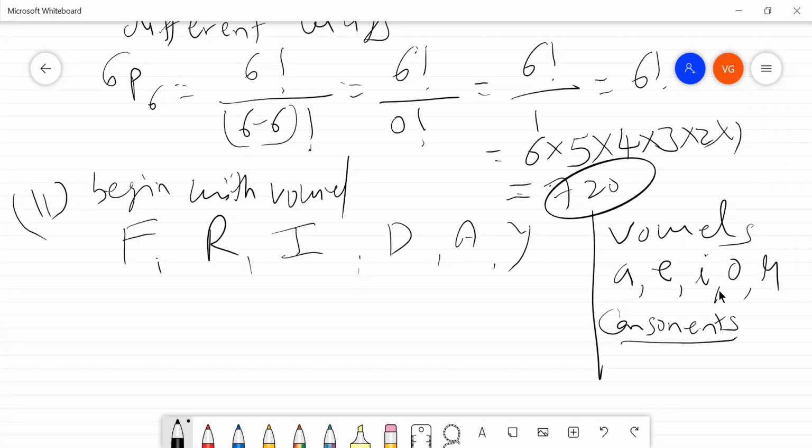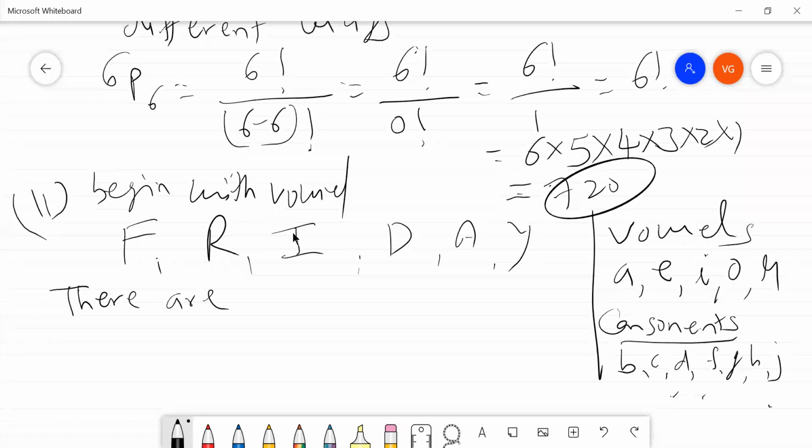Consonants are B, C, D, F, G, H, J and so on. So vowels are A, E, I, O, U. Out of these 6 letters, how many vowels are there in this word? There are 2 vowels, I and A.